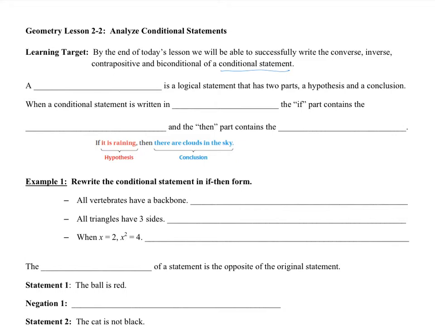Let me define conditional statement. A conditional statement is a logical statement that has two parts, a hypothesis and a conclusion.